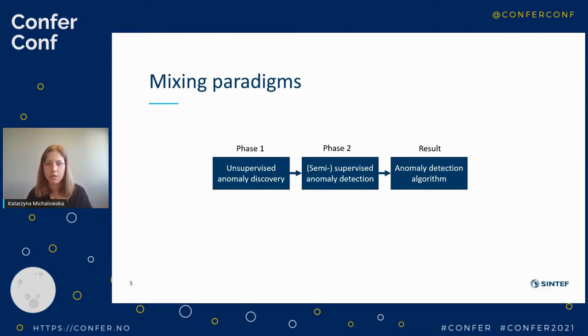First we use the unsupervised learning to discover some initial anomalies, and this way learn about what we are looking for. Then, when we have discovered some anomalies, we use them to tune our algorithm once it's been trained on the normal or almost normal data. This is the process that I will guide you through and tell you how we did that.